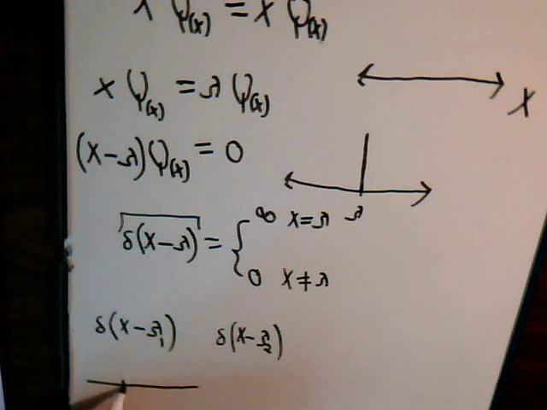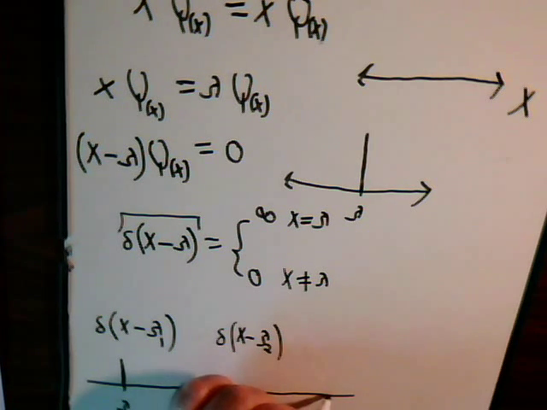Now, this would just simply look like, here say at lambda 1, we have a spike, and then for this one, say over here at lambda 2, we have a spike. Now if we multiply these together, I would have this one, which has a spike at lambda 1, times this one, which is 0 everywhere. So I'd have 0 times this, so that would be 0.